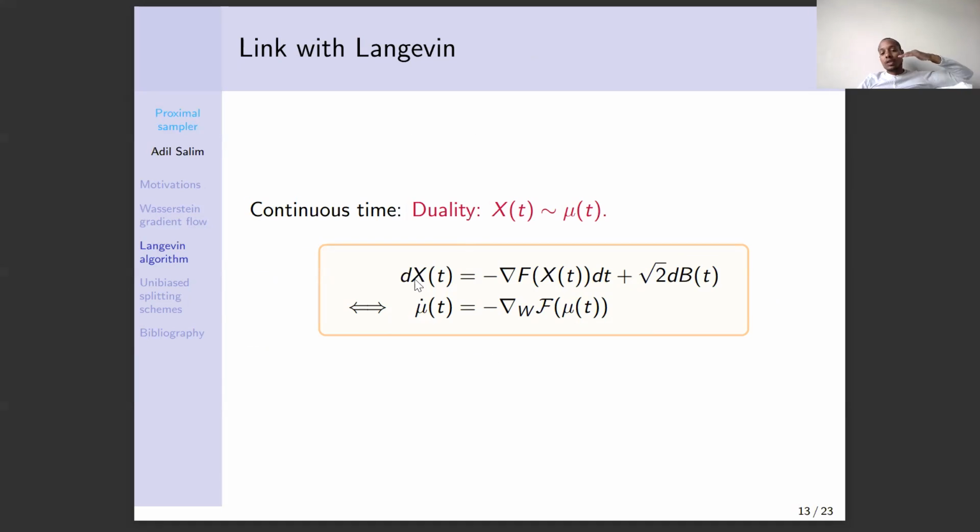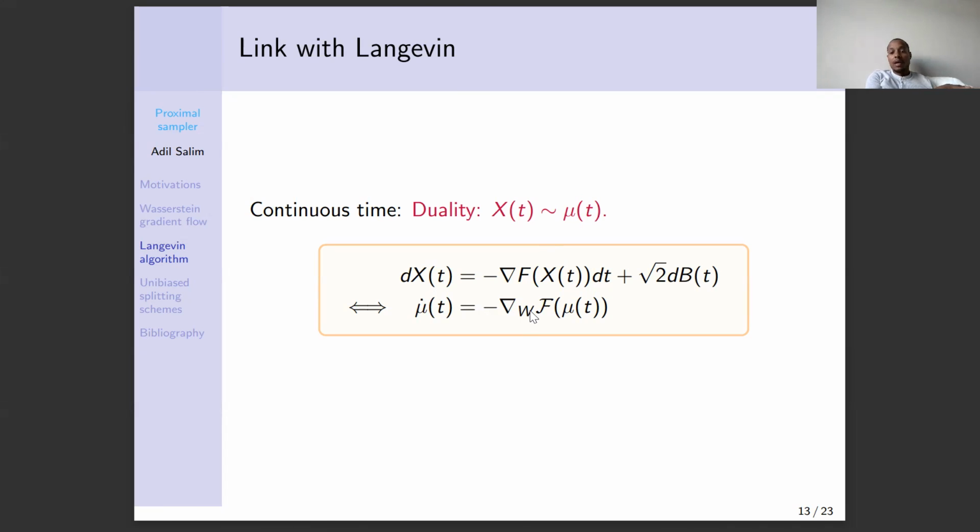If you look at the continuous time Langevin dynamics, the SDE called the Langevin equation or Langevin diffusion, you take a solution of the Langevin SDE, call it x of t, which is a random variable, and you look at the distribution of this random variable and call it mu t. Then mu t is going to be the Wasserstein gradient flow of the functional f, which is essentially the KL.